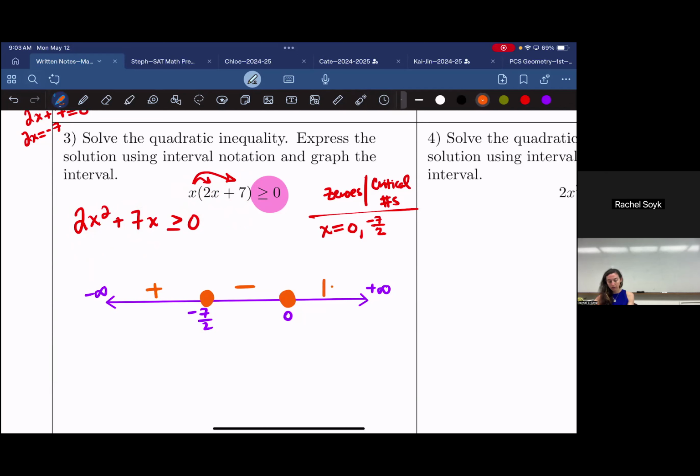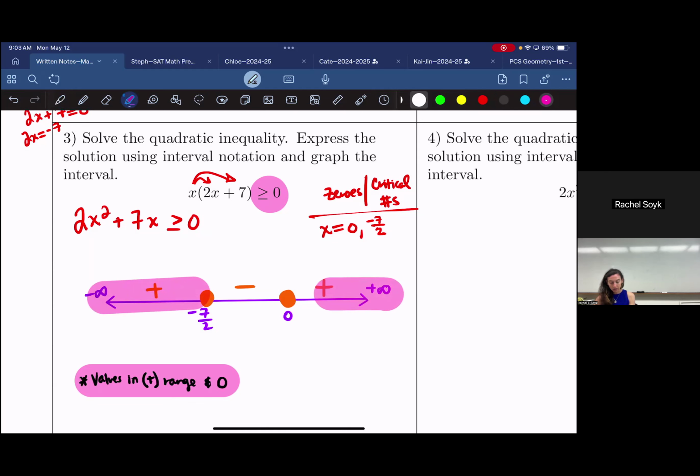So positive. We're looking at values that are greater than or equal to 0, so values in the positive range, and 0, which means we're looking at these two values.